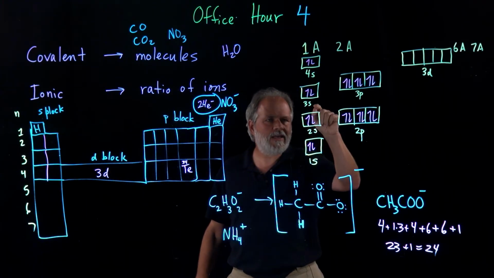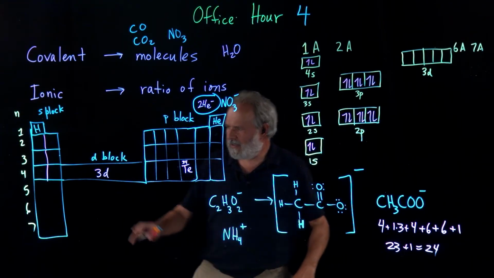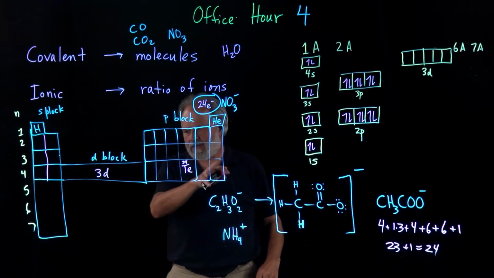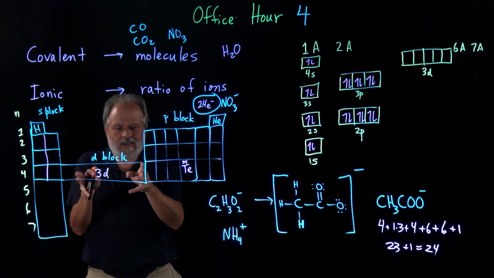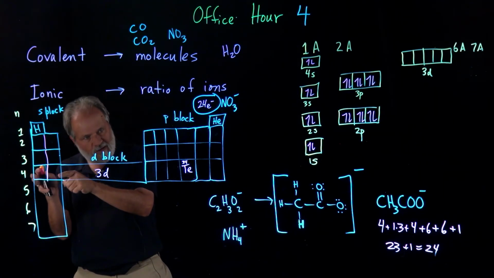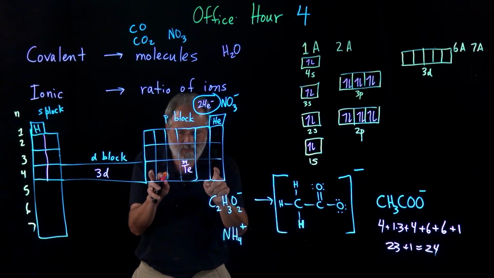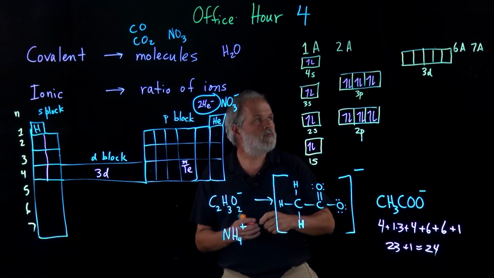However, for row 3, we don't fill it completely before we start on row 4. And that's why the periodic table has the order it does. So how do I know not to fill the 3d before the 4s? Because the 3d block comes after the 4s block. And then this is the 4p block, which is what we've got to do.